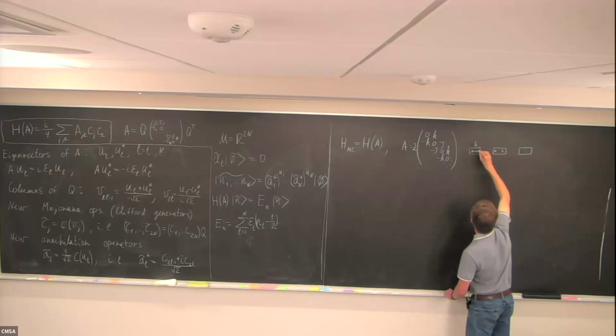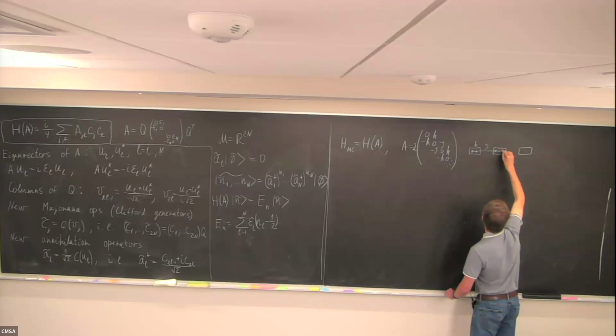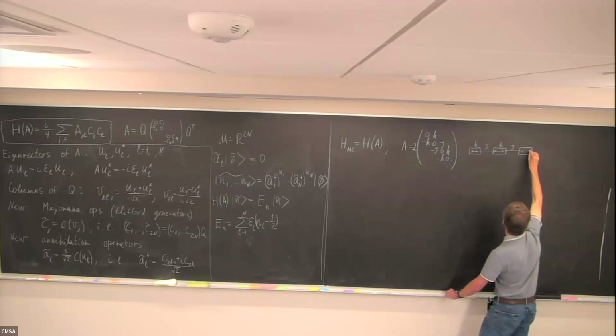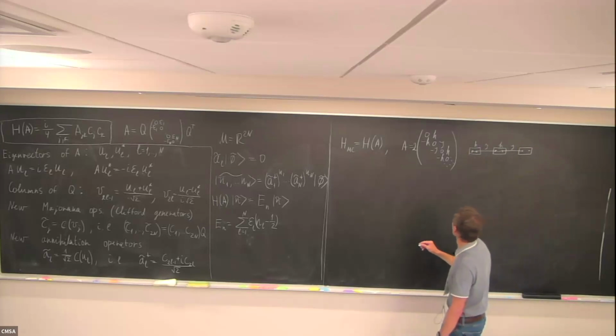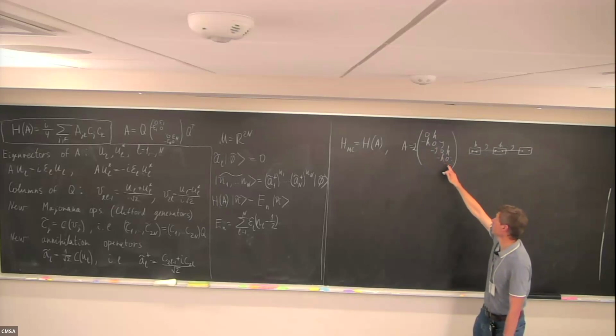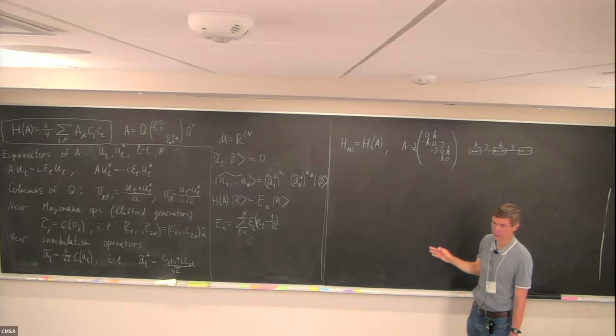And this is coupling H, this is J, H, J, and so on. And of course, one can find the eigenvalues of such a matrix explicitly.